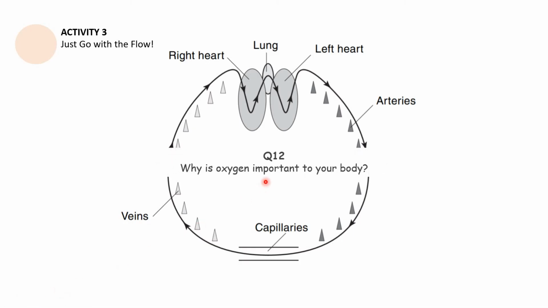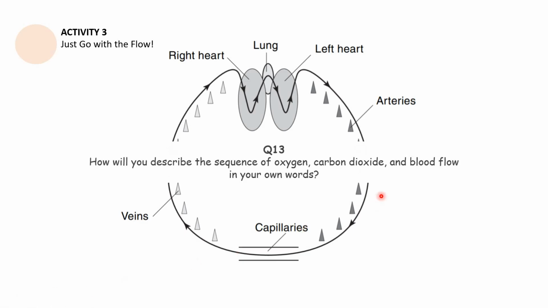Question number 12. You may use your answers from the previous part of this session in answering this question. Why is oxygen important to your body? You may use the research that you were able to do. And then, how will you describe the sequence of oxygen, carbon dioxide, and blood flow in your own words?